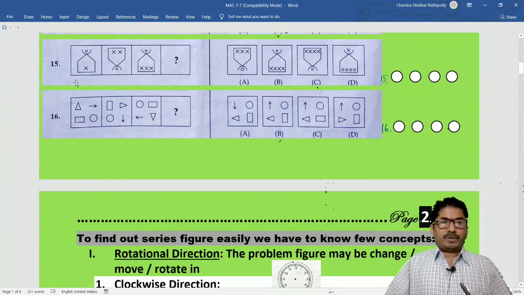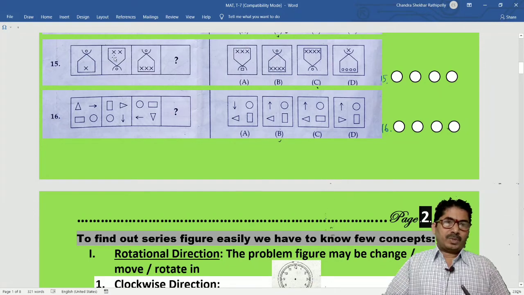Next, question number 15. We have to observe this question figure carefully. So like this shape reversed, ulta palta. Here one is doubled in the second figure. In the third figure, this ulta palta, this doubled, again ulta palta.